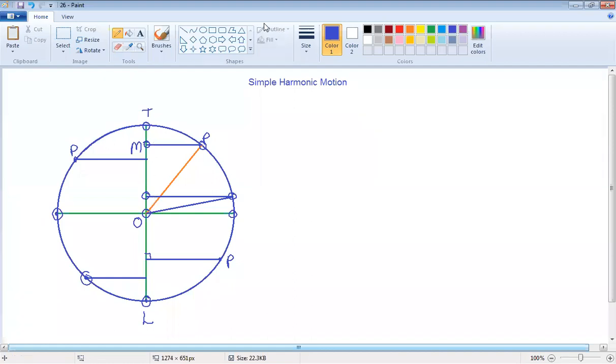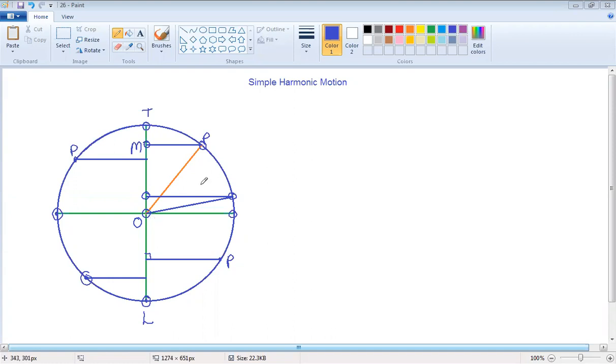So what kind of motion is the point M having? The point M first begins from the origin, goes up to the topmost point T, then comes down, but does not stop at the origin. It goes further down and reaches the lowest point L, and then again comes up and reaches the origin where it started from.